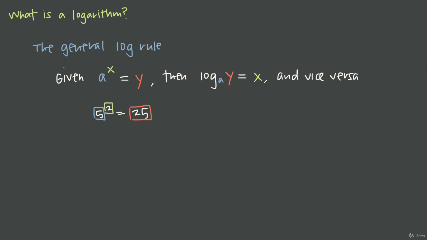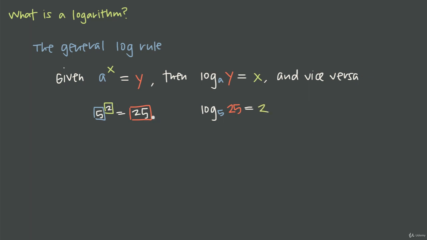And then when we want to convert that to a logarithmic expression, we'll just write this out matching up our colors. So we have log the base of a, which we know is 5, so we'll write the base 5. The argument will be y, what comes from the right-hand side of the exponential equation, which in this case is 25, will be equal to x, which is the exponent, which we know is 2.